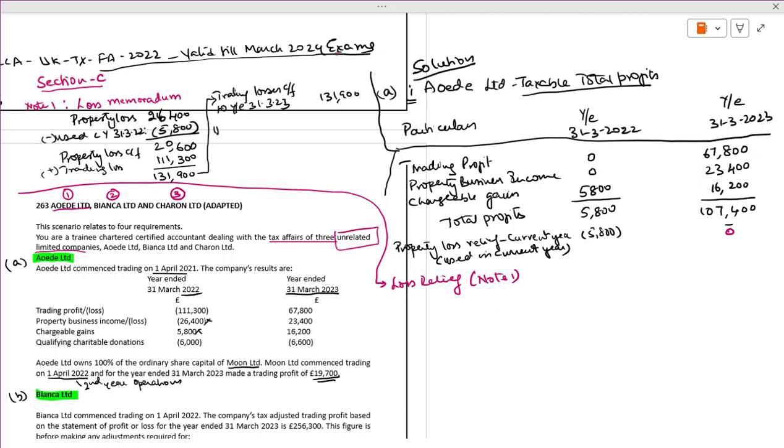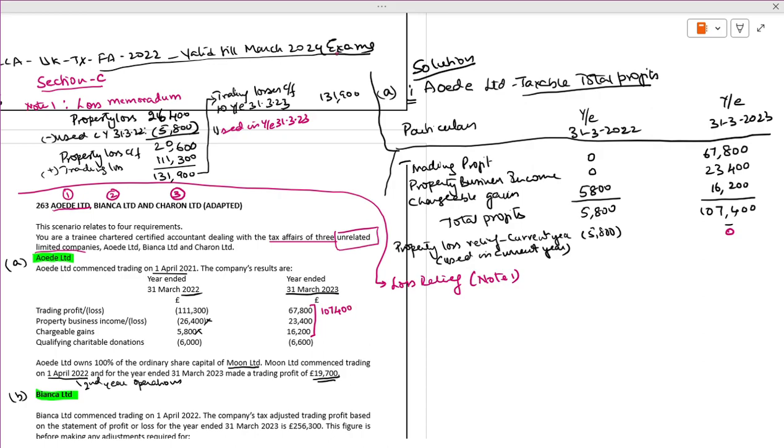How much can we use in the year ended 31/3/23? Fine. How much is the total of this? Total of this is 107,400.